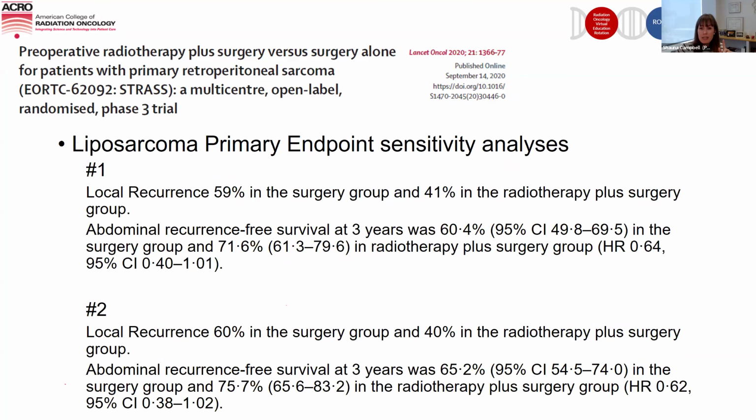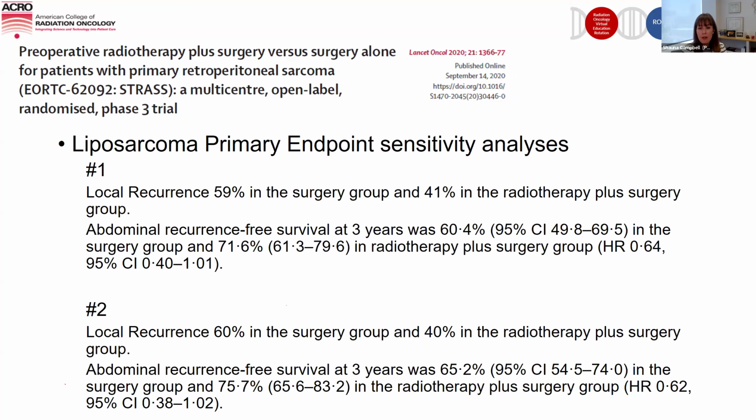So for the first sensitivity analysis, these are the numbers that we look at. These are looking at the liposarcoma patients only. As we mentioned, of the 266 patients in the study, 75% were liposarcomas. When you look at this subgroup, which again, I acknowledge these are post hoc analyses and the study was not designed for this, we have this beautiful randomized trial that we really need to try and understand.